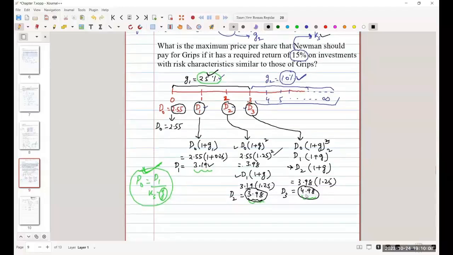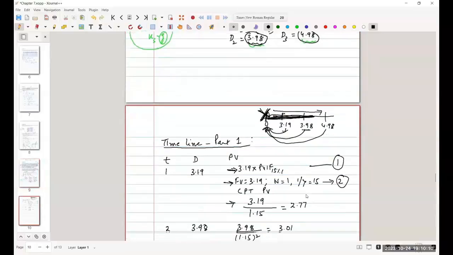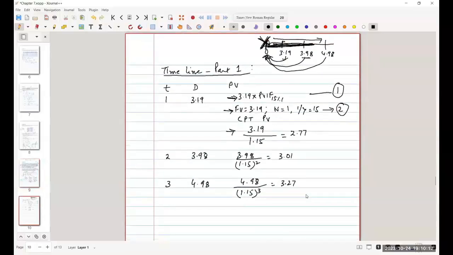So that became our next task. I've done it through a table format, because that organizes your work a little bit. We noted down the first 3 time periods, wrote down the corresponding dividends received at those time periods, and calculated the present value of all these 3 individual items.